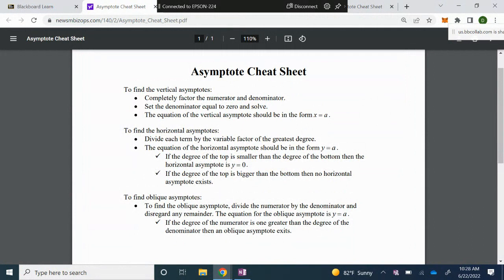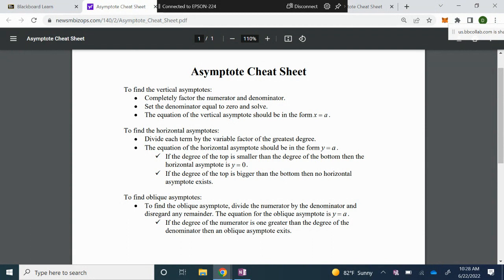In order to find the vertical asymptote, which would be a vertical line that our graph would approach but never actually touch, we would completely factor the numerator and the denominator if possible. Then we would set the denominator equal to 0 and solve. The resulting equation should be in the form of a vertical asymptote, x equal to some number.